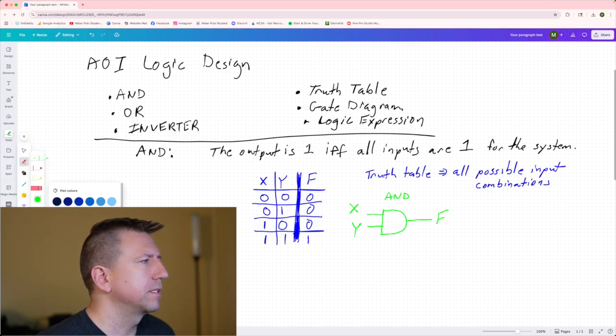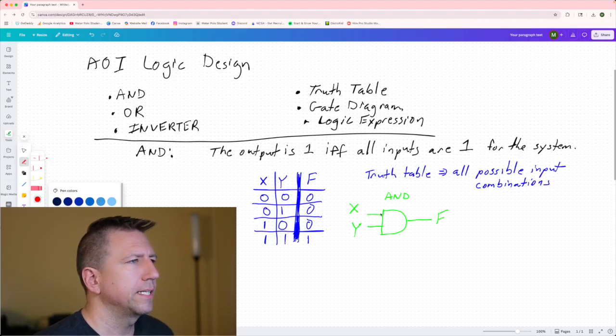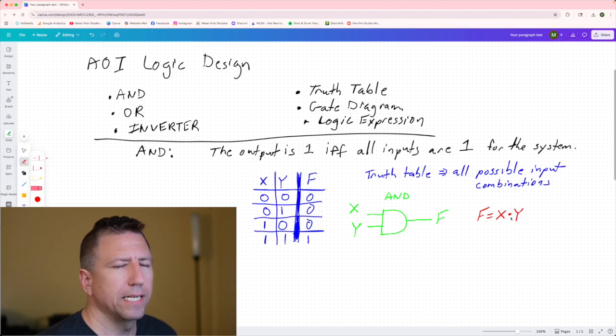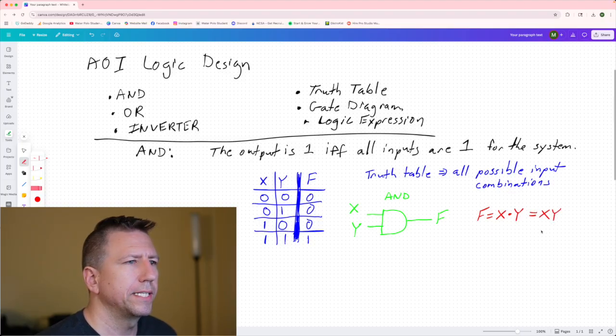And the last thing we have is our boolean expression. So there's a gate diagram, our truth table, and then our expression. And our expression is written as an equation, F equals. And so here we get to the AND operator. So the AND operator looks like the multiply operator from normal algebra. So it's a times. So F is X times Y. Oftentimes that's dropped and there's an implicit multiplication just by being next to each other.